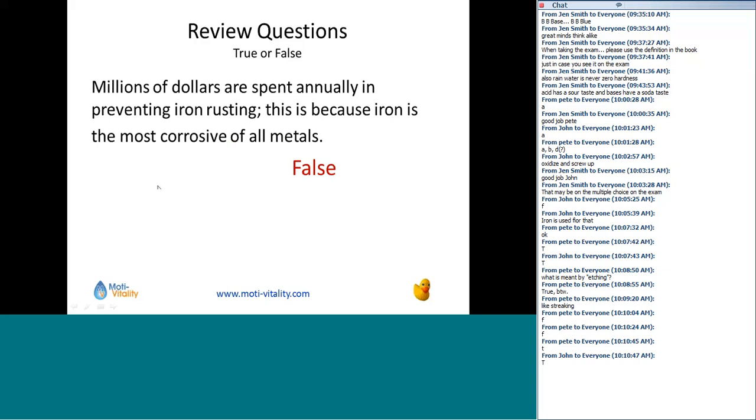On the nobility scale, iron is actually number 7 away from the most reactive. The reason the millions of dollars are spent annually in preventing iron rusting, that's true, but that's because it flakes off and always exposes new surface. That's why it rusts.